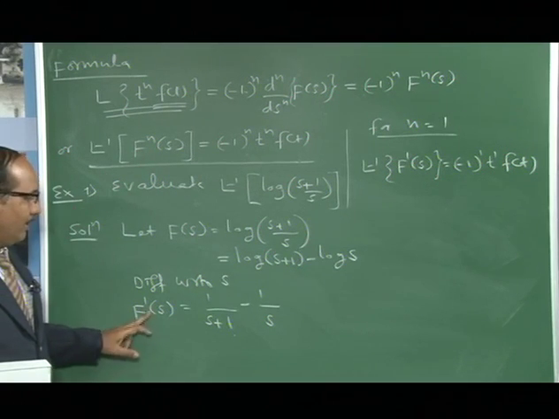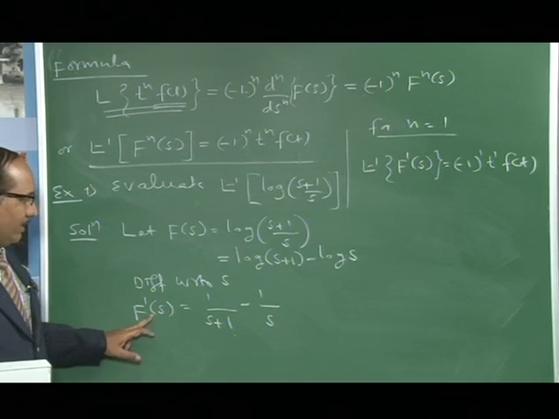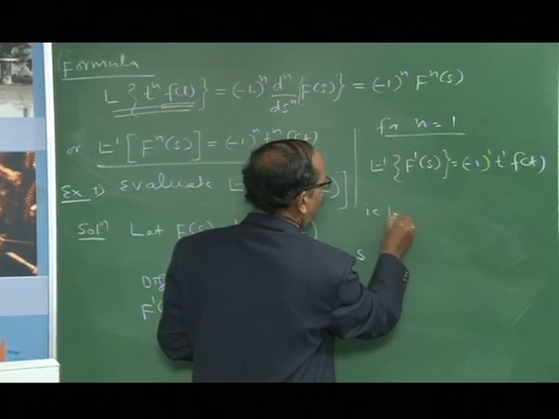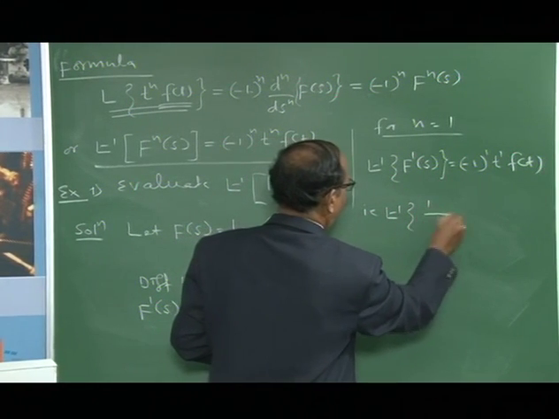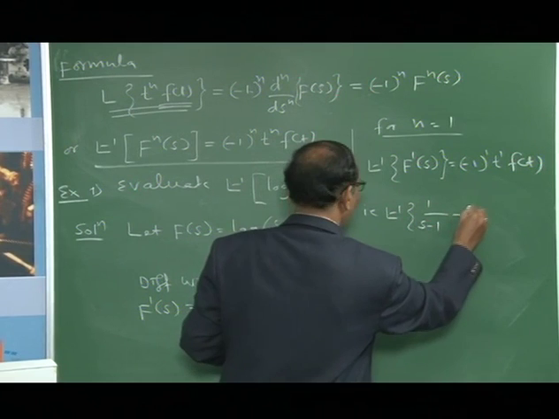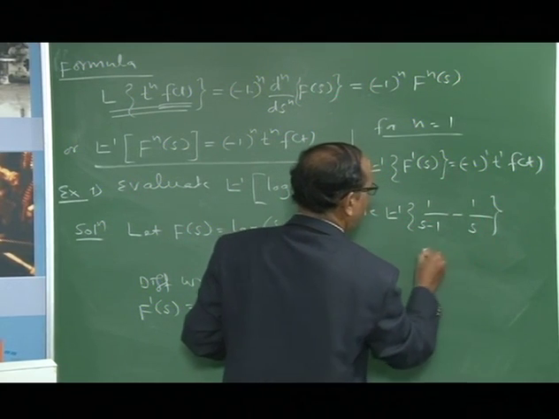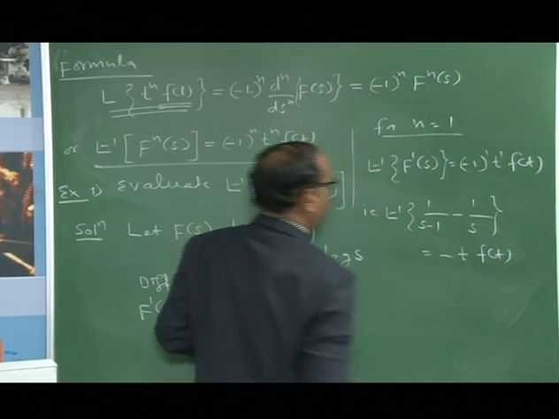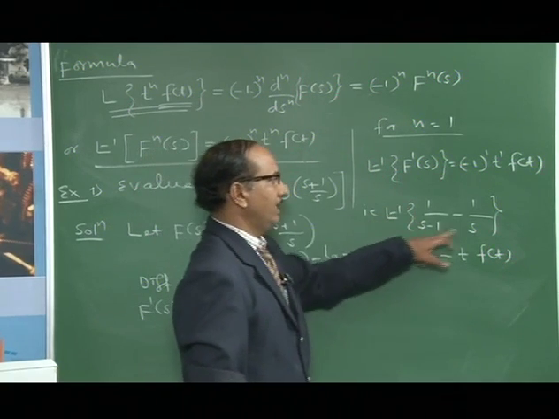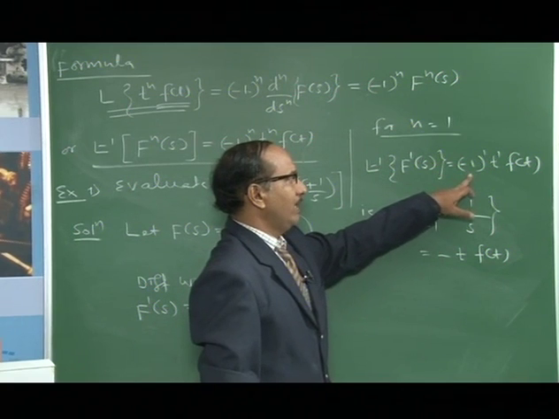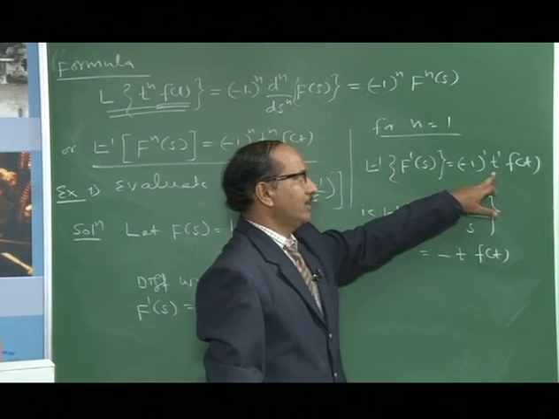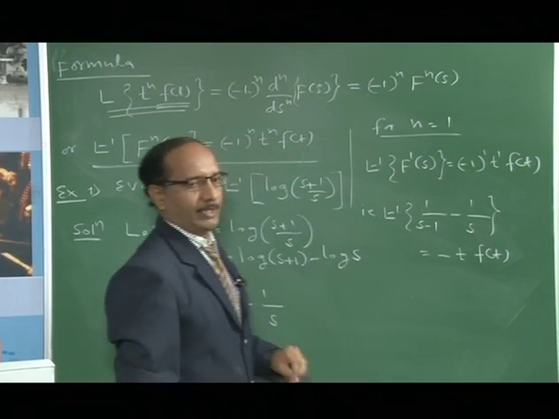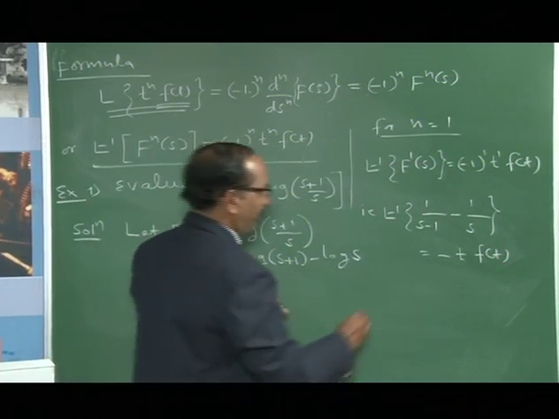So, substitute all the available functions. f dash s is known, substitute here, that is L inverse of 1 divided by (s minus 1), 1 divided by s is equal to minus 1 into t f of t. So, f dash s is substituted here, and minus 1 raised to 1 is minus 1, t raised to 1 is t f of t. So, in this equation find out f of t, that is the inverse of the given problem.